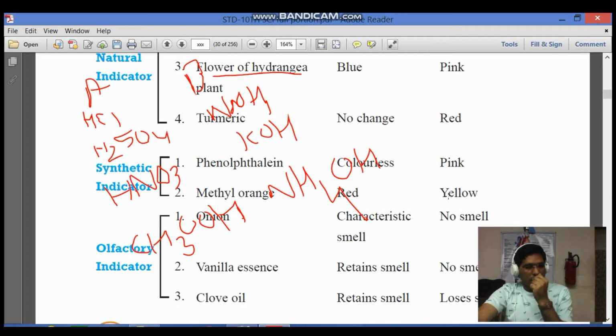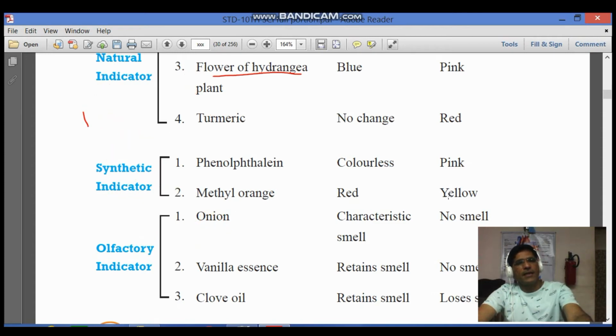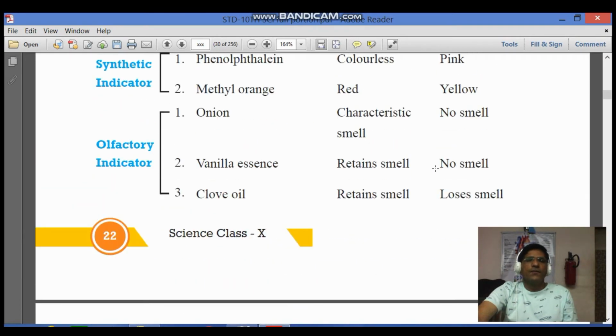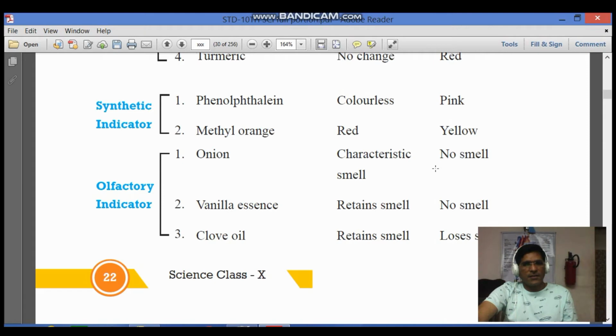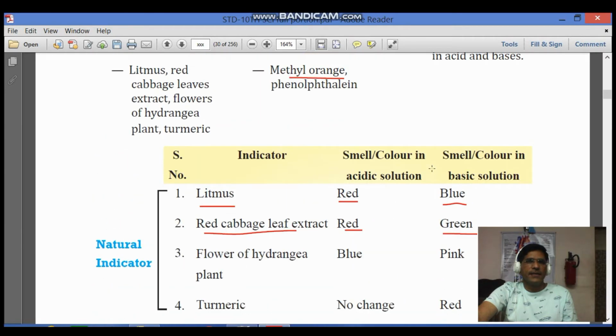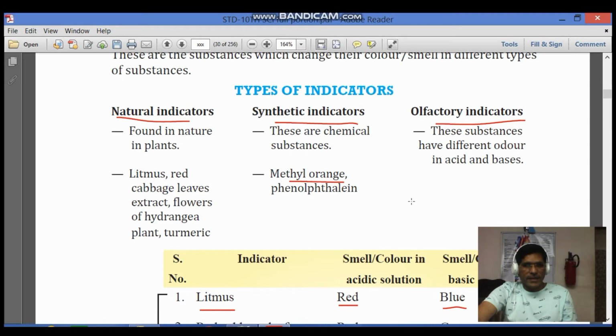If you look at the example exercise in your book, in one activity the names of the acids and bases are given, and you have to give the answer about what the color change is. So in the first lecture on acid, base and salt, there is one more topic, the indicators.